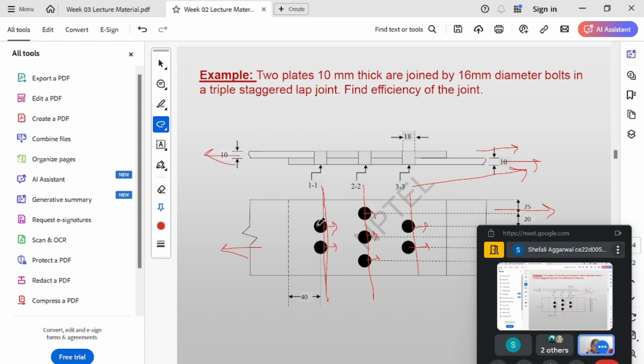But when we consider plane 2, these bolts are also holding on to something. For these bolts there is nothing at the back, so the complete stress is in one direction. But when we come to plane 2, there is some opposite stress because of these bolts also.